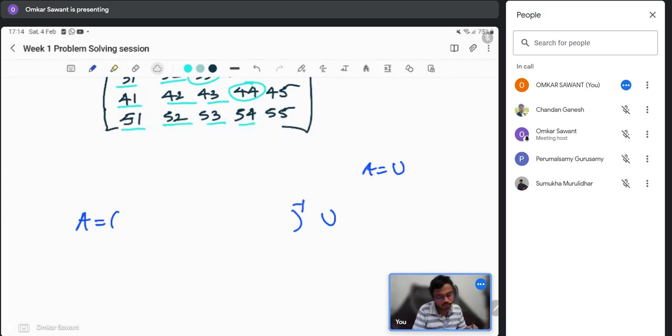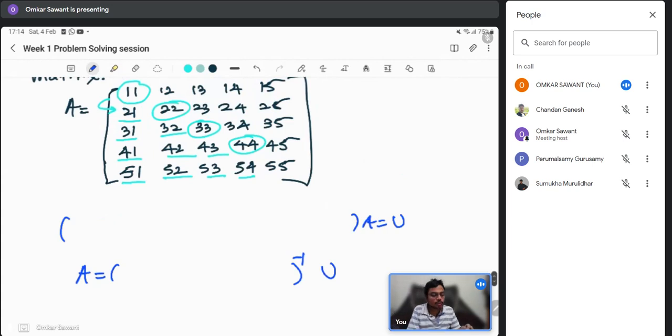So you will go from innermost to outermost: E21, E31, E32. You guys are getting what I am trying to say.